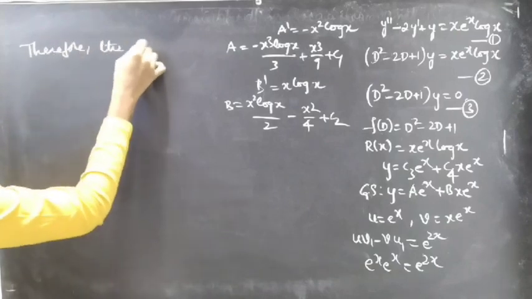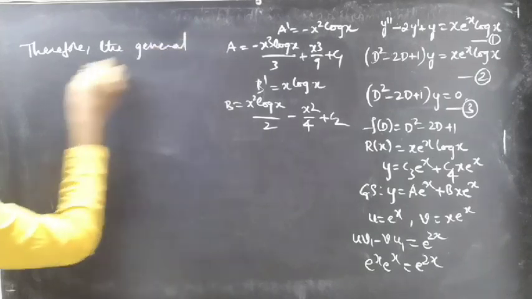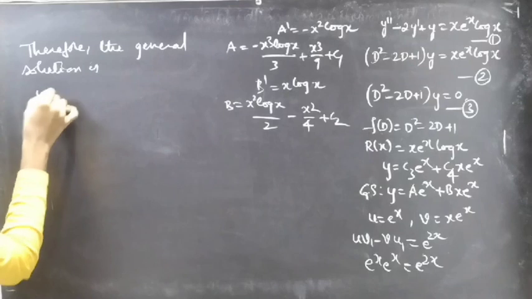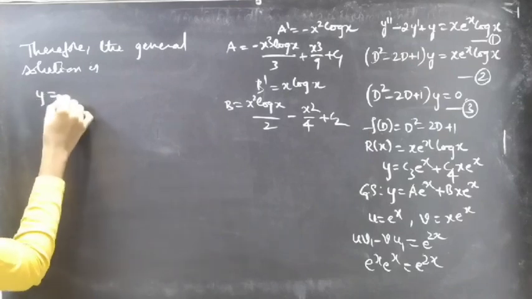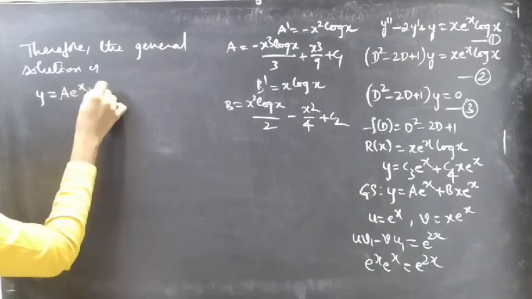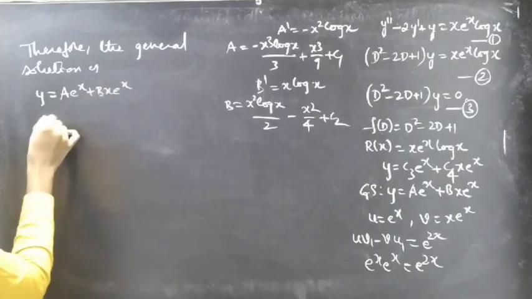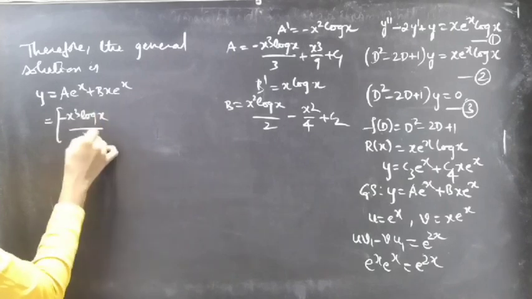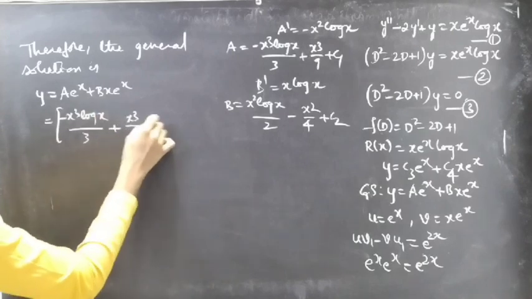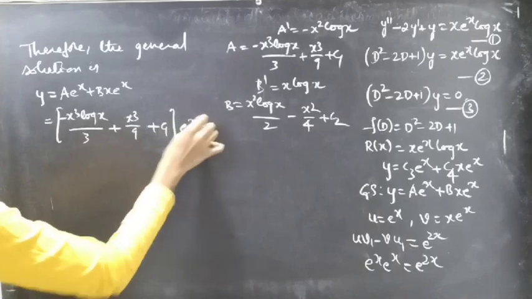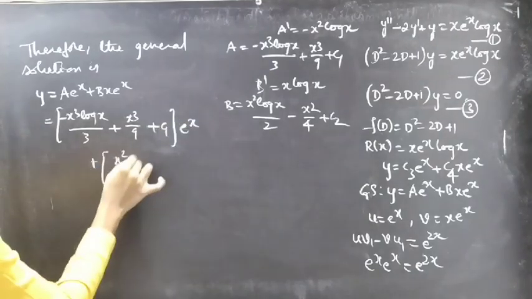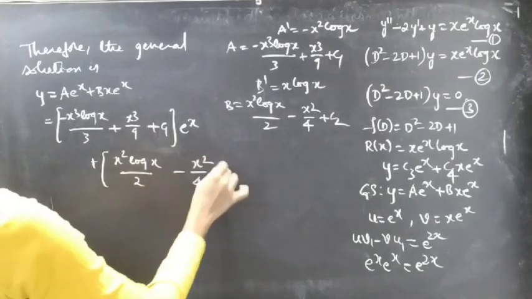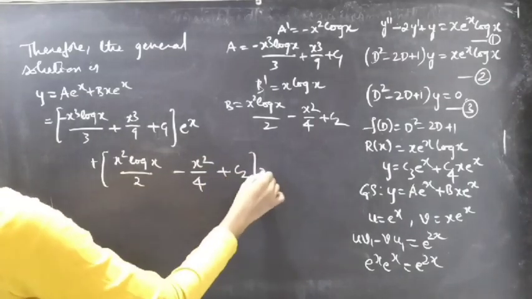Therefore, the general solution is given by y equals a e power x plus bx e power x, which equals a, minus x cube log x by 3 plus x cube by 9 plus c1, into e power x, plus b, x square log x by 2 minus x square by 4 plus c2, into x e power x.